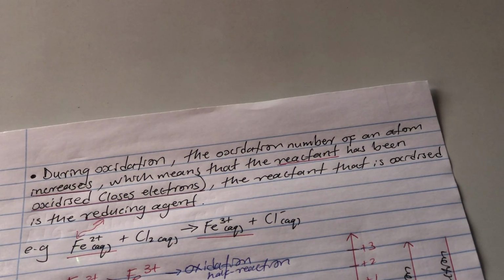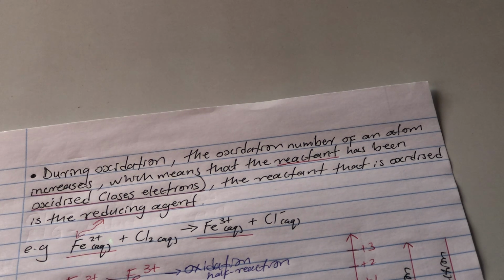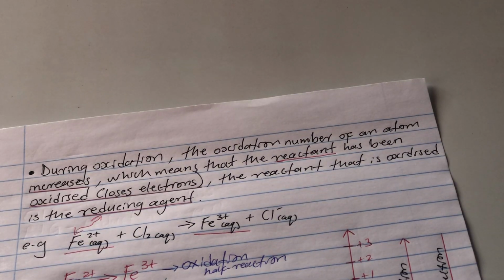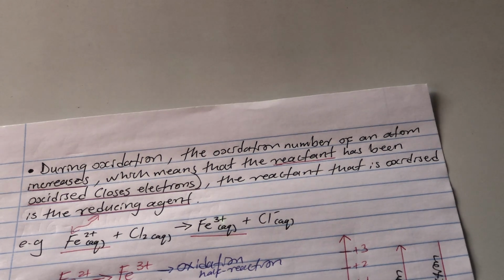Let's look at Fe when it was a reactant and when it is a product. Here we have 2 plus, and then on the side of the product we have 3 plus. What happened to the oxidation number? There's an increase. It was 2, now is 3.